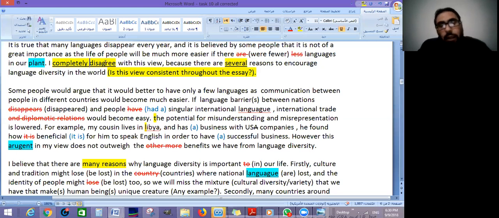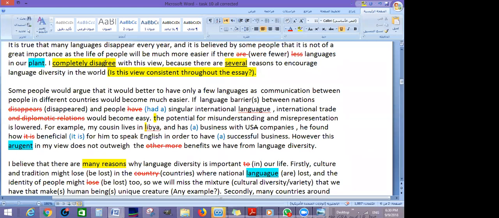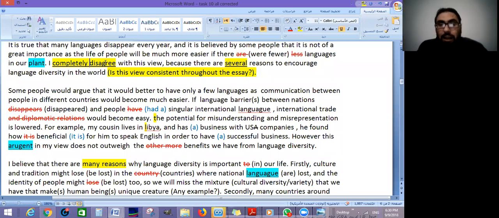But I think we could put something like, in his opinion, that the benefits of language diversity outweigh, in the thesis statement. So you could just put the benefits of language diversity outweigh the benefits from communication or whatever it is in the thesis statement.